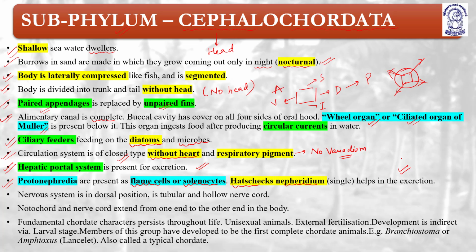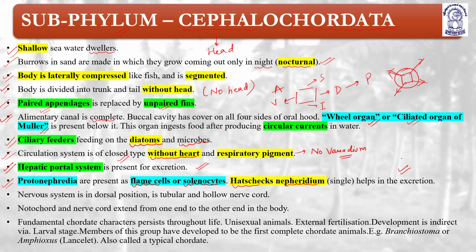Just as in the kidney the unit is known as the nephron, or we can use the terms Malpighian tubules, Malpighian body, Malpighian corpuscles or Bowman's capsule, in the same way they have Hatschek's nephridium. In Urochordata or Tunicata, these were known as nephrocytes, along with the supraneural gland or pyloric gland.